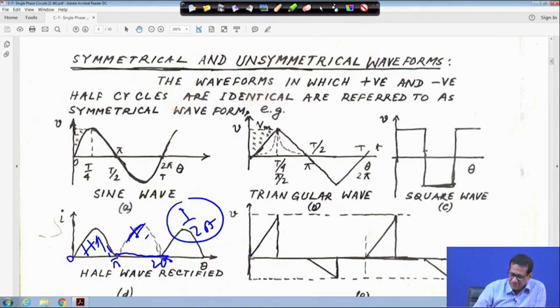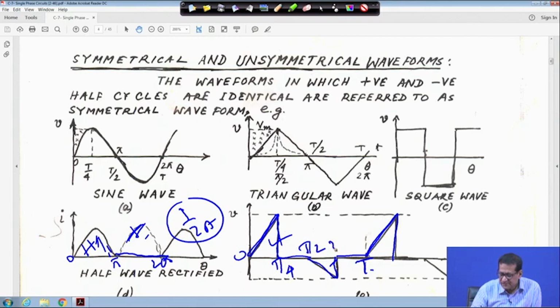Similarly, here also it is an unsymmetrical waveform. This side and this side are not matching. This is 0 and this is T, right? This waveform starts here, again this waveform starts here, this is T. This point is T by 4, this point is T by 2, this is 3T by 4 and this is T, right?